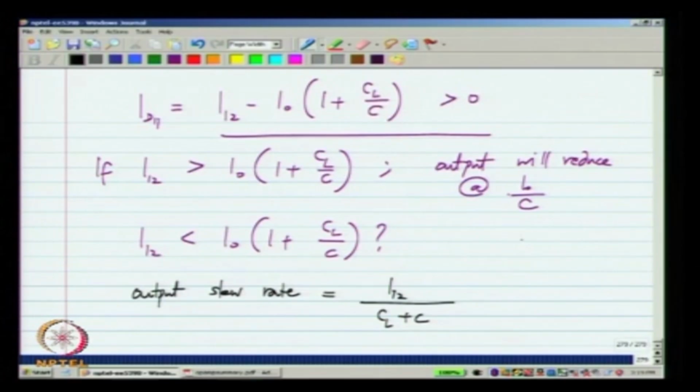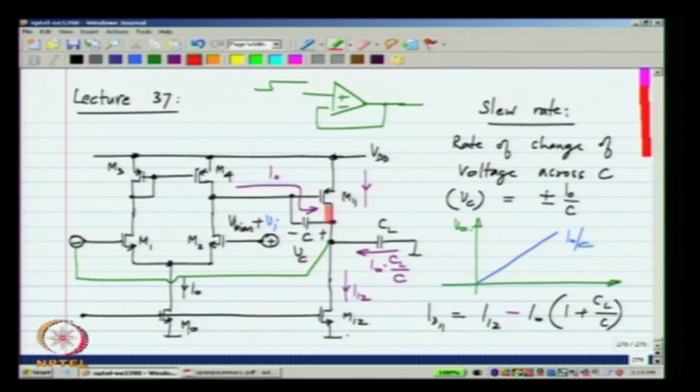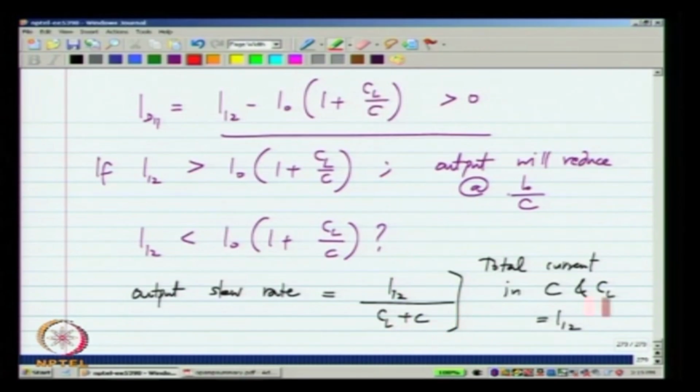This is because the total current in C and CL must be equal to I12 when M11 cuts off. When this cuts off, some current is flowing there and some current is flowing there, okay, and the sum of the two equals I12. If that happens, then the rate of change of the output will be I12 divided by CL plus C.